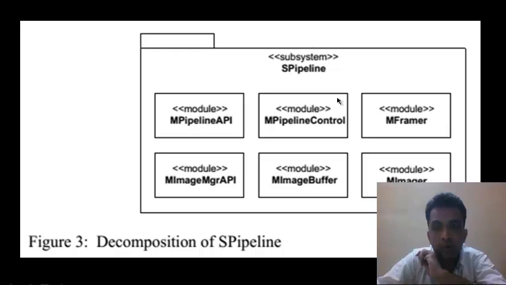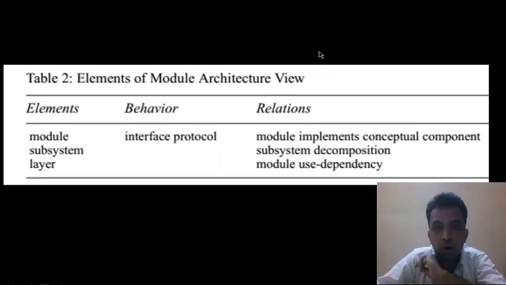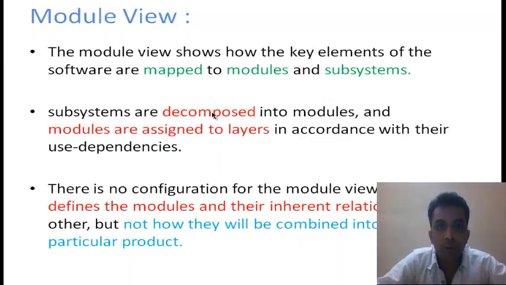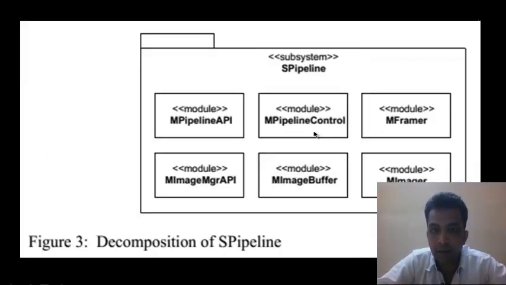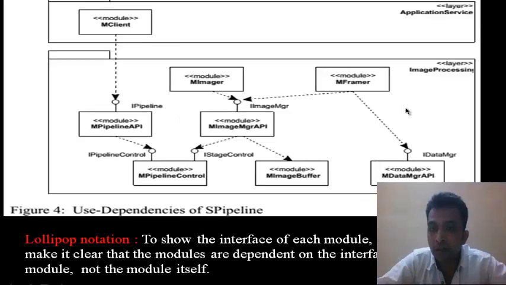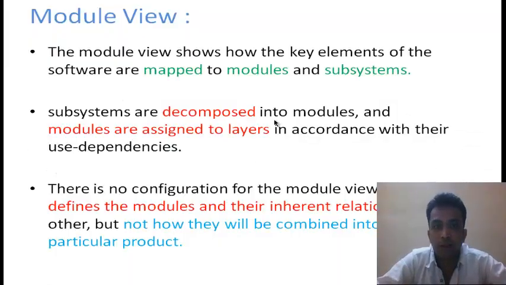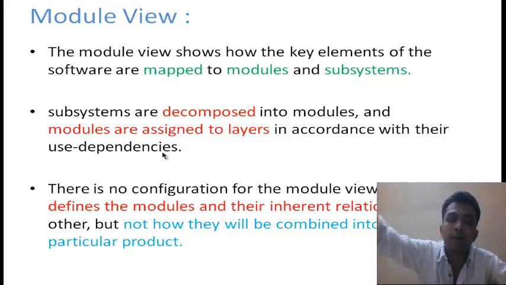Here is a subsystem called S pipeline. After decomposition, it is assigned to different layers. Here the S pipeline is decomposed into 6 modules, 1 2 3 4 5 6, and after decomposition they are assigned to layers in accordance with their use dependency.